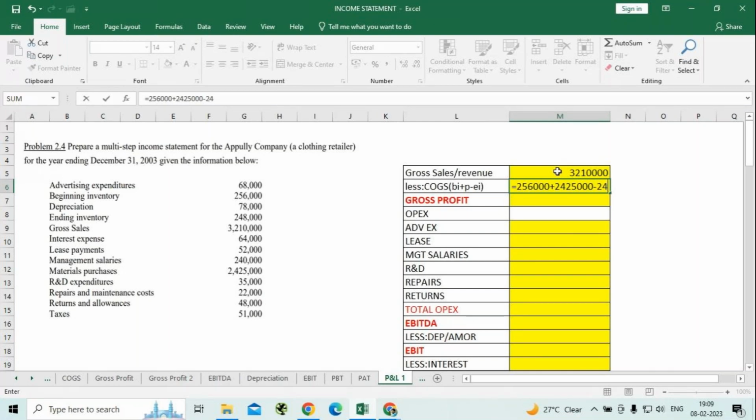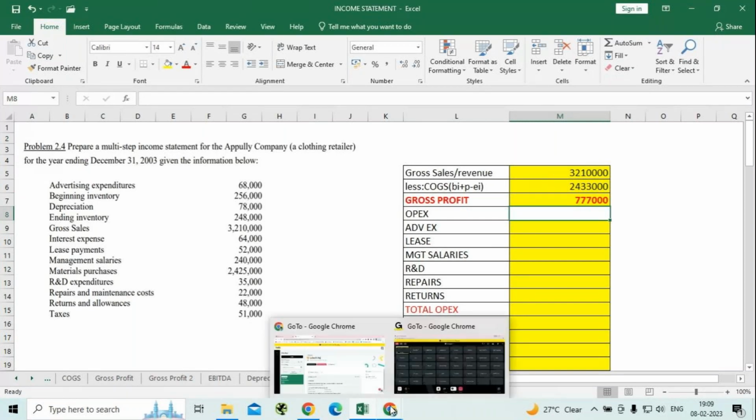So COGS is 24 lakhs 33,000. Okay. The gross profit to be calculated is sales minus COGS, so revenue minus COGS. It gives you 7 lakh 77,000.